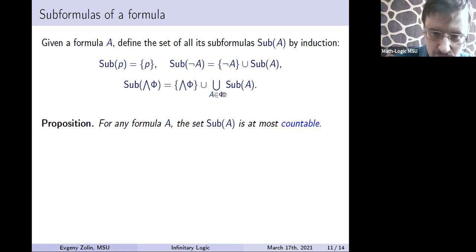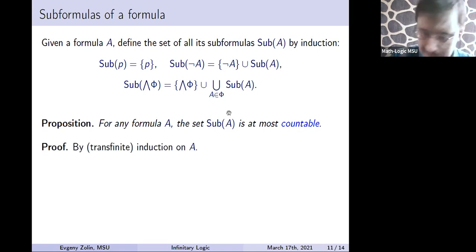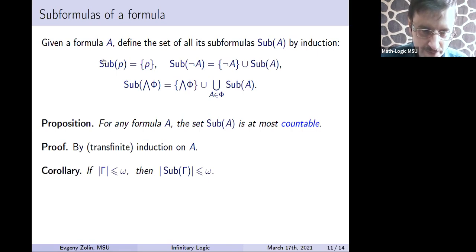We take the union over a countable set phi. Phi is countable. And therefore, strictly speaking, this is a proof by transfinite induction. And then we obtain that for any at most countable set of formulas, the set of all subformulas is again at most countable.